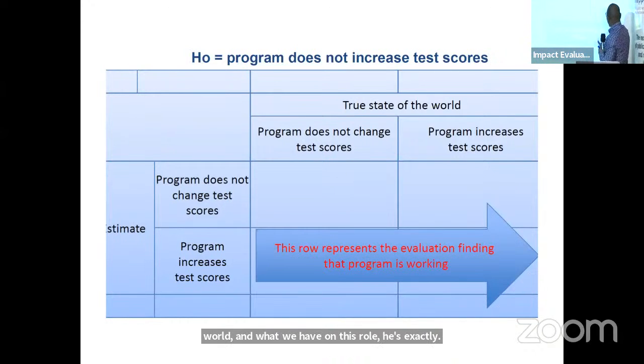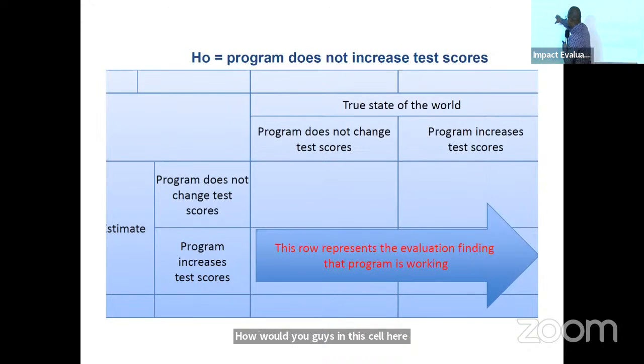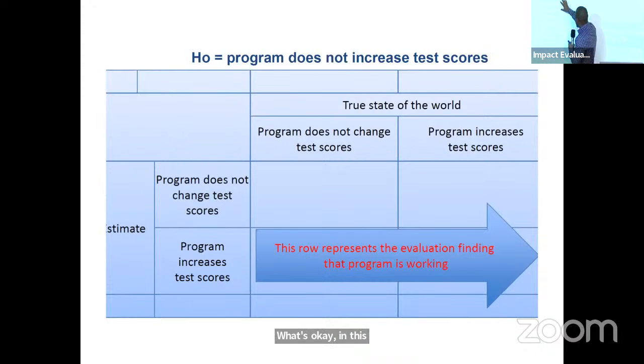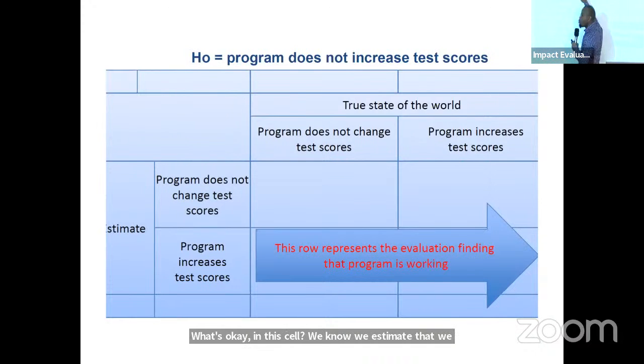So in this cell here, this is where the program is working. Are we together? In this cell here, we argue that the program does not work, but truly the program what? Works. Okay? In this cell, we conclude that the program does not work and it truly doesn't work.